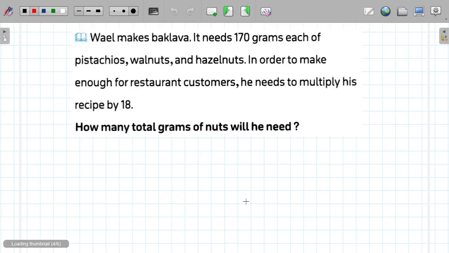Next one I have: Wael makes baklava, so it needs 170 grams each of pistachios, walnuts, and hazelnuts in order to make enough for restaurant customers.